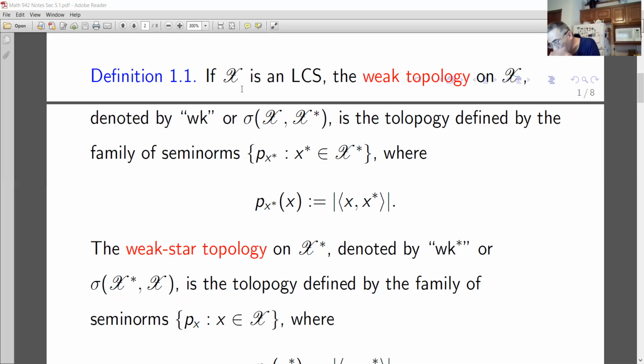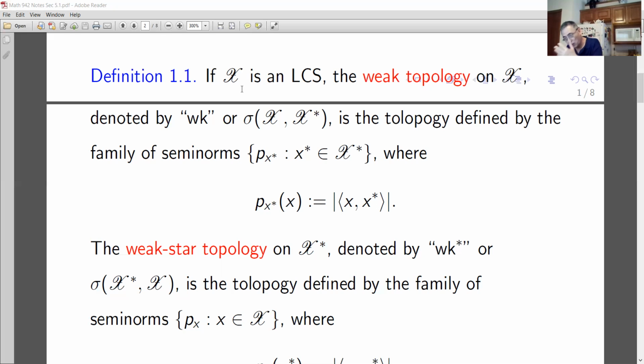And this Hausdorff condition is equivalent to this: for each non-zero point, the point 0 has an open neighborhood which does not contain the given non-zero point.